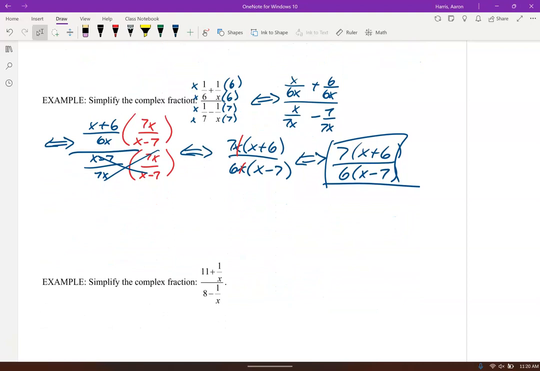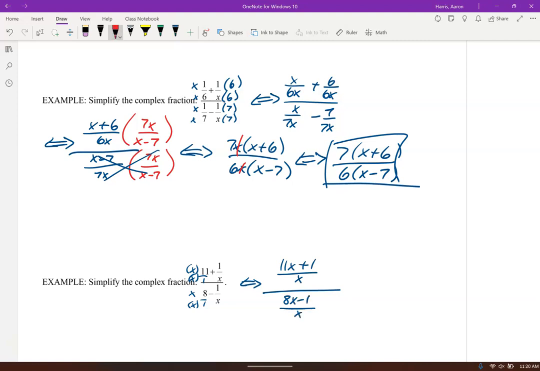Let's keep going here. Right now this is 11 over 1, so I got to give it an x. This is 8 over 1, so I got to give it an x. So this will become 11x plus 1 all over x. Denominator will be 8x minus 1 all over x.